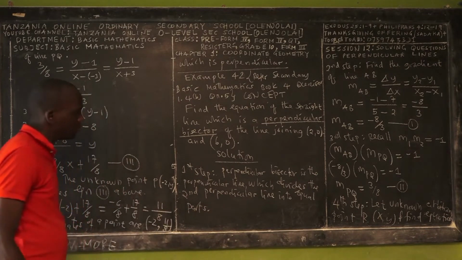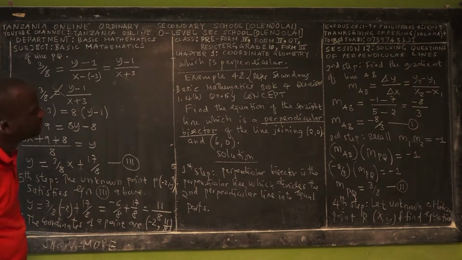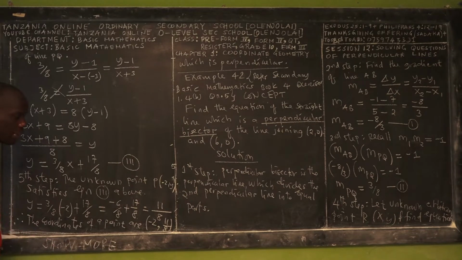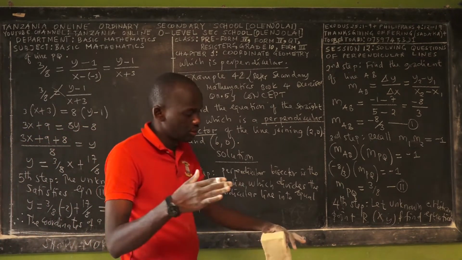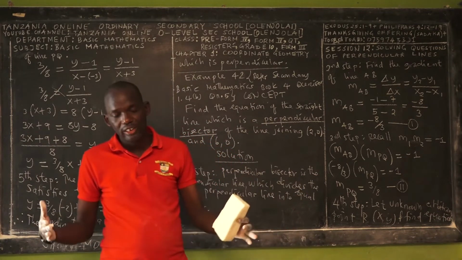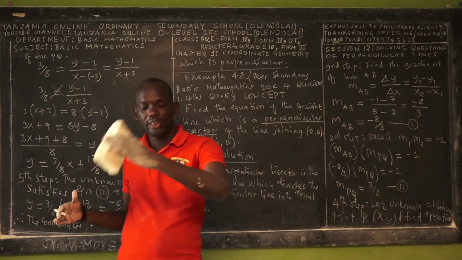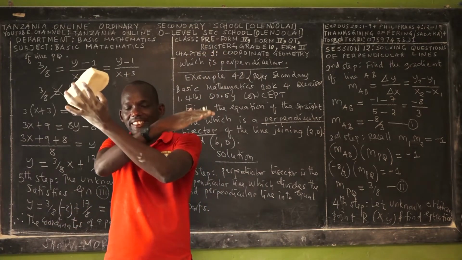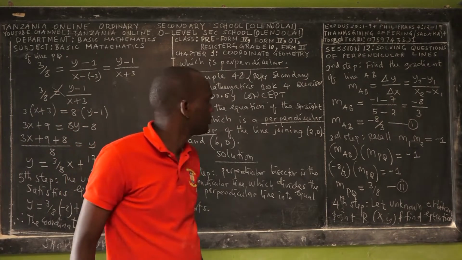A perpendicular bisector is formed if we have two lines which are perpendicular, but one line divides the other line into two equal parts.